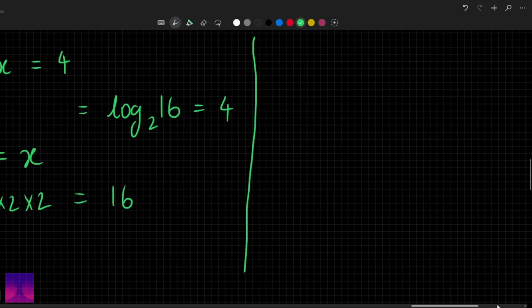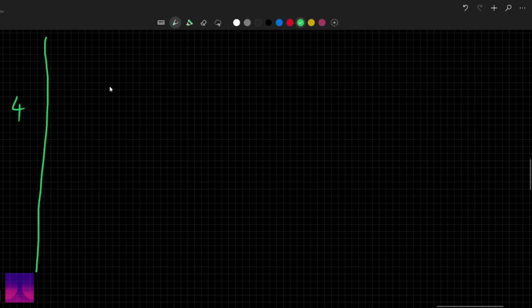What about this? Log base 3 of 27 equals x. I'll give you some time to solve this. 5, 4, 3, 2, 1. Time's up. Let me solve this. This just means 3 to the power x equals 27.